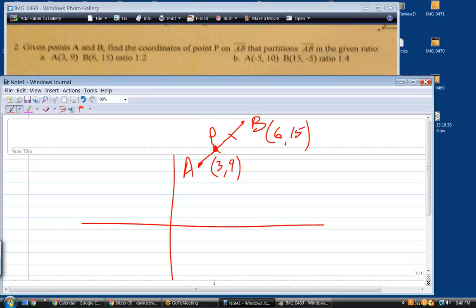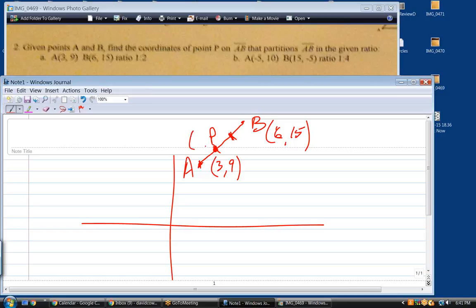I want the 1/3 point, right? So if the x coordinate is 3 here and the x coordinate is 6 there, what's the x coordinate of P going to be?